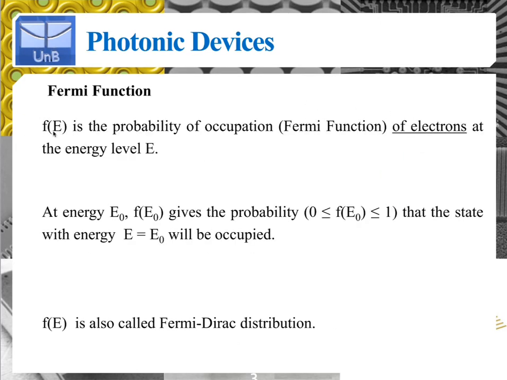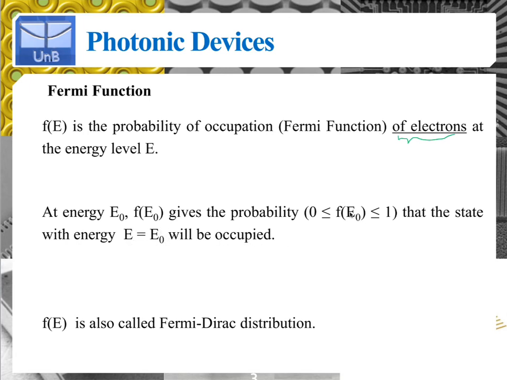F of E, the Fermi function, is the probability of occupation of electrons, okay, with emphasis on electrons, at the energy level E. This is not the probability of occupation of holes, which is the absence of an electron in a state in the valence band. The probability of occupation of a state by electrons, okay. At energy E naught, F of E naught gives us the probability that the state with energy equal to E naught will be occupied.